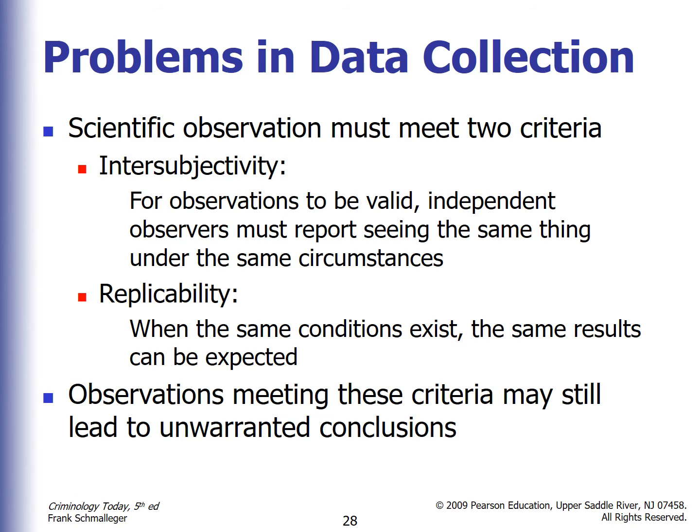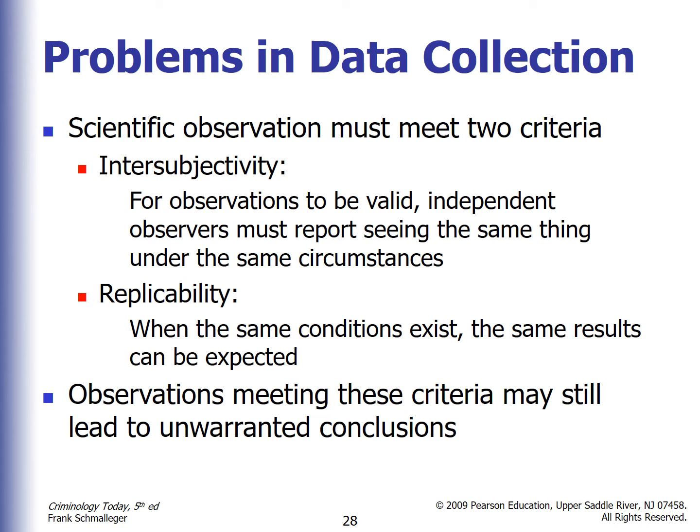All right, some problems. Problems in data collection. Our scientific observation must meet two criteria. One is what we call intersubjectivity. For observations to be valid, independent observers must report seeing the same thing under the same circumstances. So maybe we have two different observers, or different observers at different times, looking at the same thing.